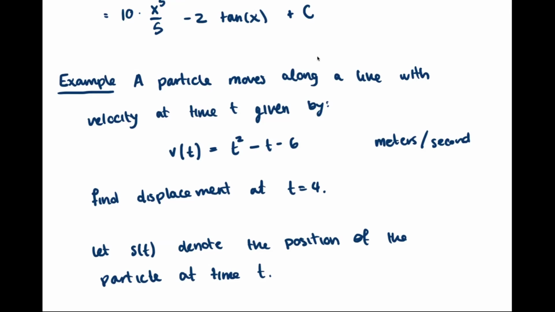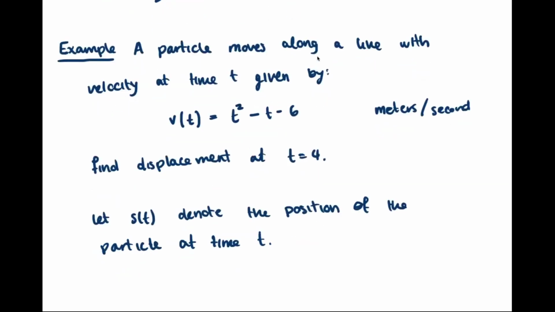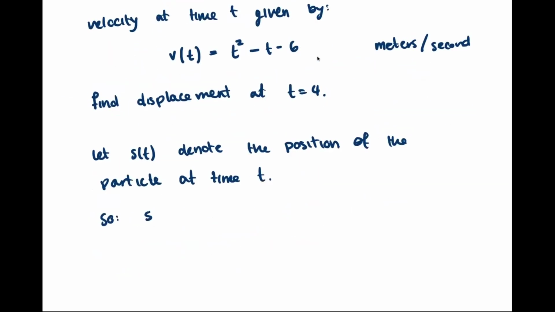Okay, so if S of t is the position of the particle, then the derivative of S of t is going to tell me how fast it's moving, right? So the derivative of S of t is going to equal v of t. Does that make sense? So S prime of t is equal to V of t, which tells me that S of t is an antiderivative of V of t.